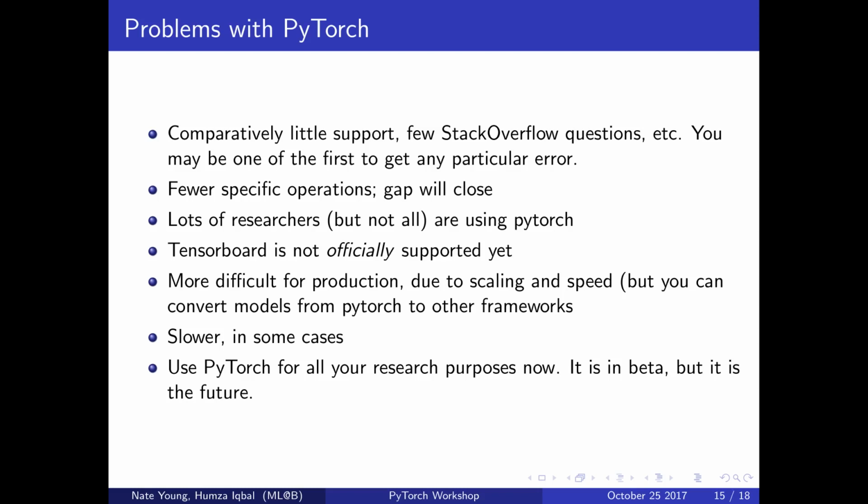Like if you want to sample from certain distributions, certain complex operations, or some niche operations that you might only use in specific settings, odds are TensorFlow will have built those up over a while. And PyTorch is closing the gap, but there still is a gap, unfortunately. So PyTorch doesn't quite have everything.